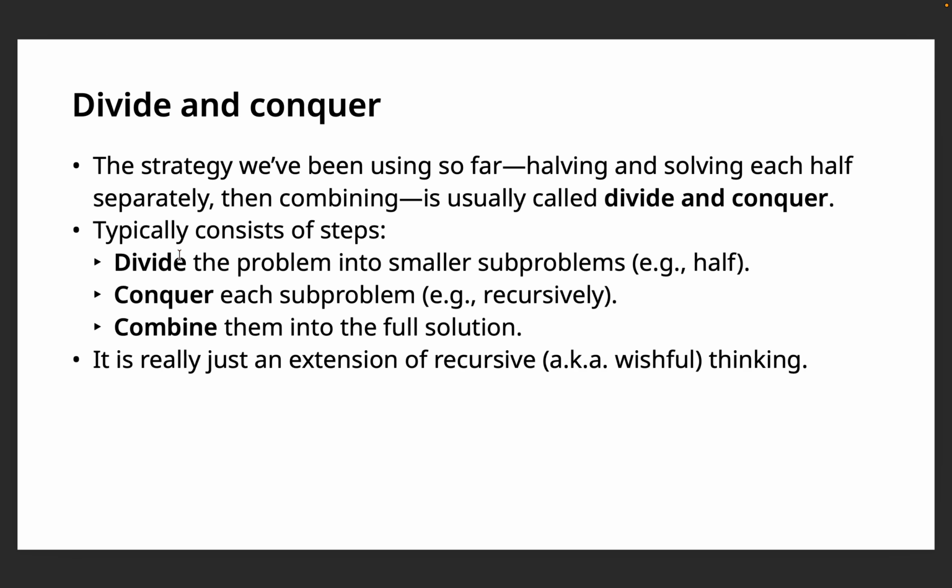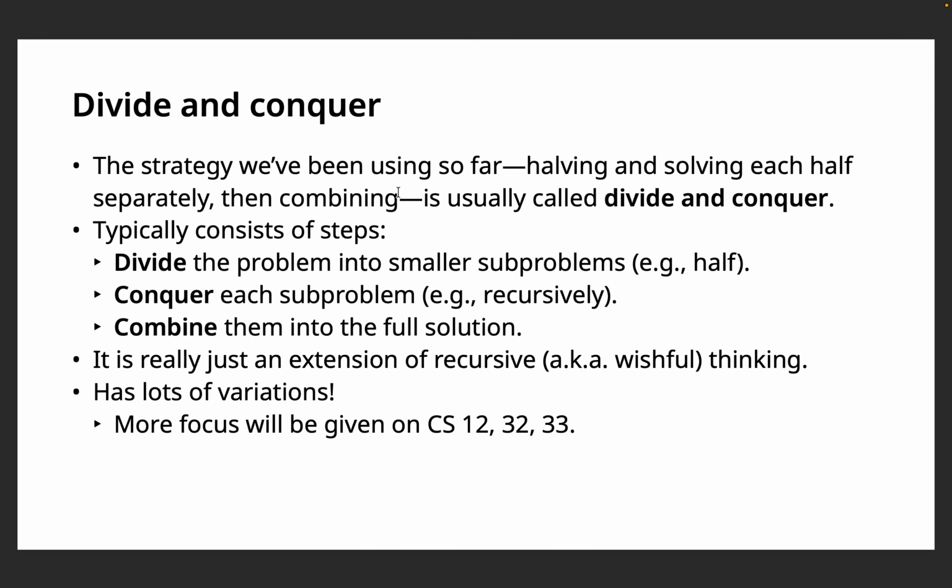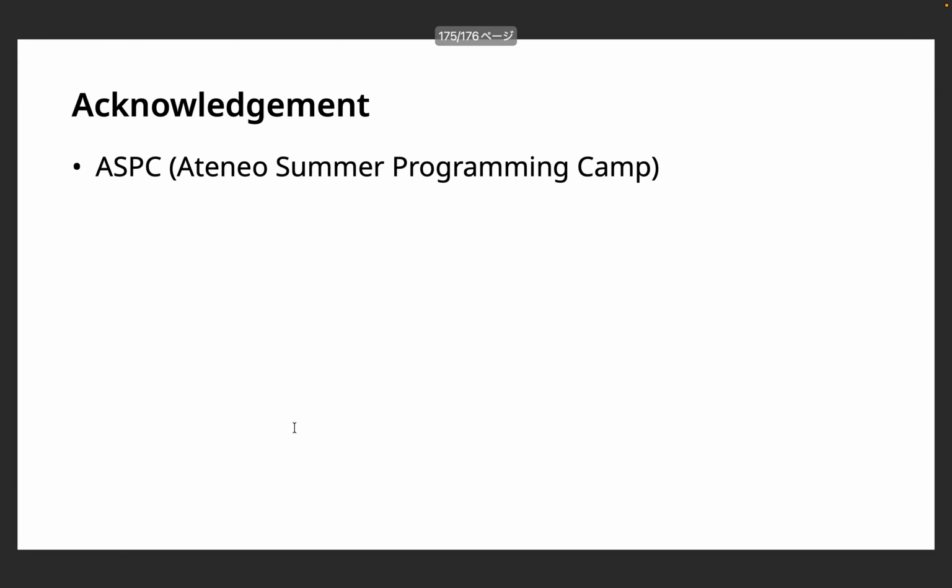So divide, conquer, and combine. For more of divide and conquer, that will be coming in some of the later CS courses. For CS 11, this is as far as we will go. The main idea is you have a problem, divide it into smaller problems, solve each smaller problem, then combine everything at the end. Okay? That's divide and conquer.